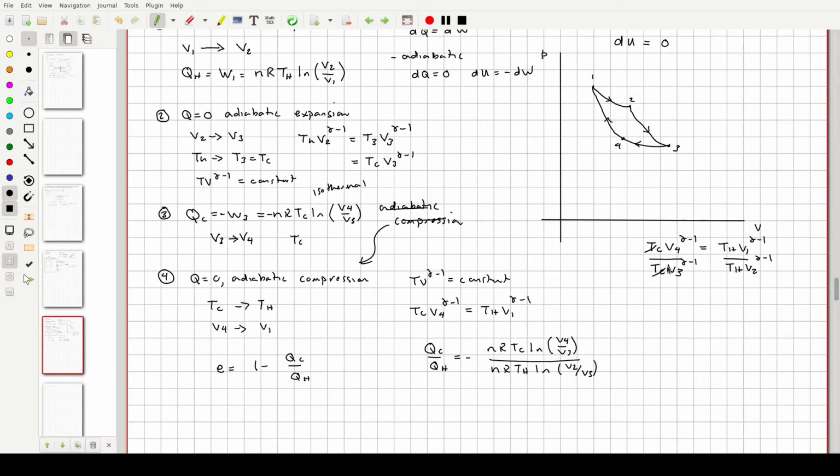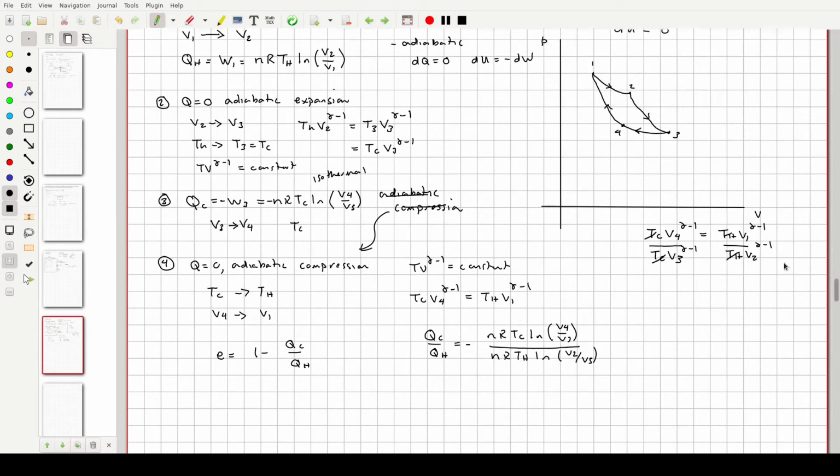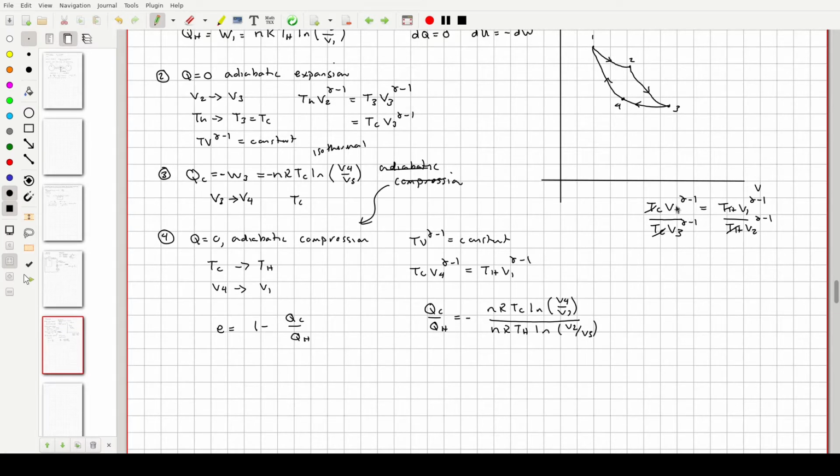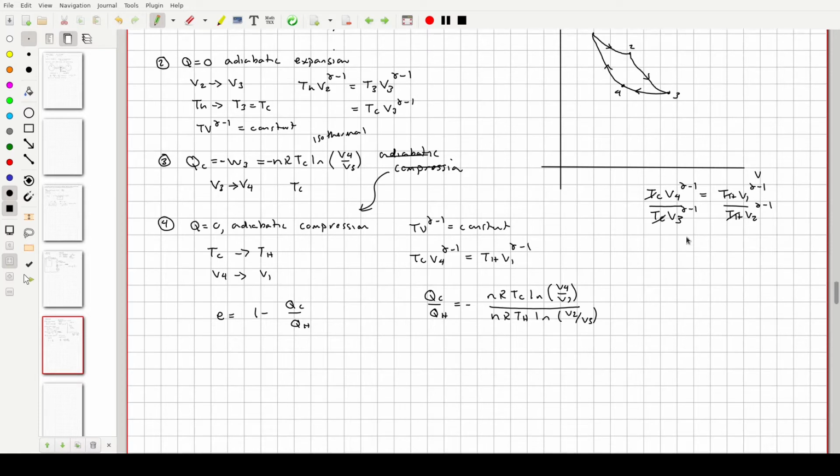So the THs and the TCs cancel each other out. This is raised to the gamma minus 1. This is raised to the gamma minus 1, which gives us a relationship about the stuff on the inside. And that is that V4 over V3 is equal to V1 over V2.